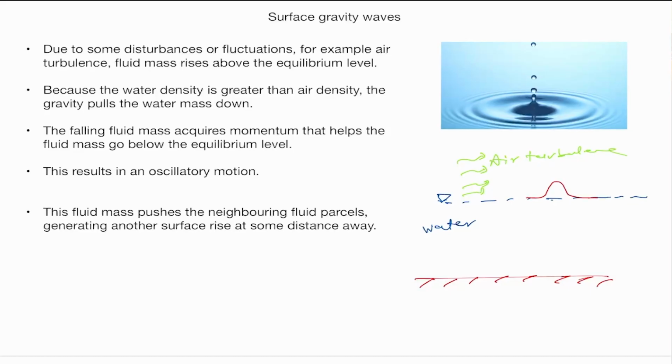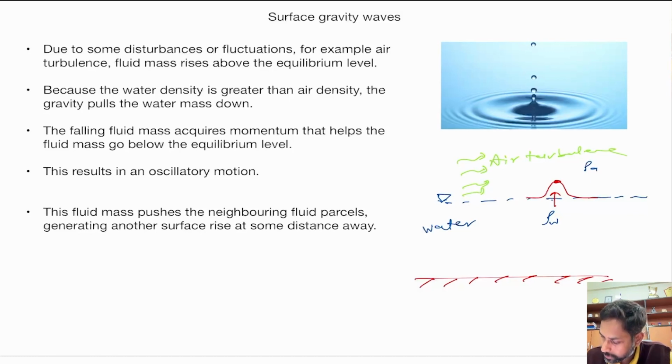So this water will go up from here. Okay, it will rise till this point. Now when it rises up, this is obviously rho water, and this is rho air, where rho water is greater than rho air.